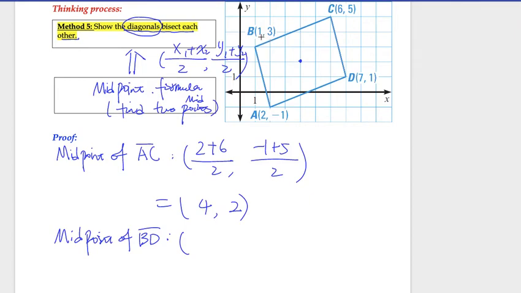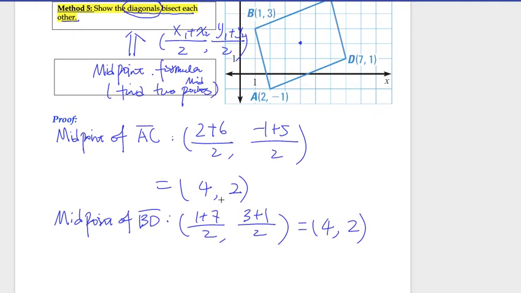Again, find the sum of x, which is 1 and 7, divided by 2. This time it is 3 and 1 for y. Do not forget the parentheses, because this is a point. 1 plus 7 is 8, divided by 2 is 4, and 3 plus 1 is 4, divided by 2 is 2. So now I have exactly the same midpoint.